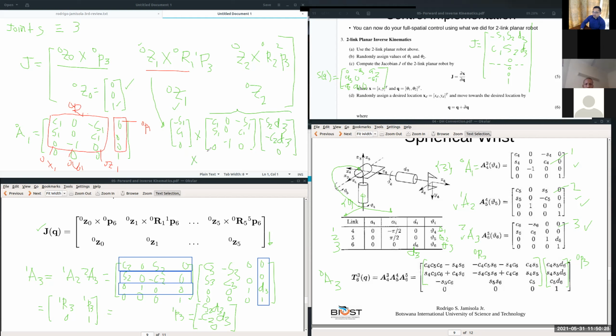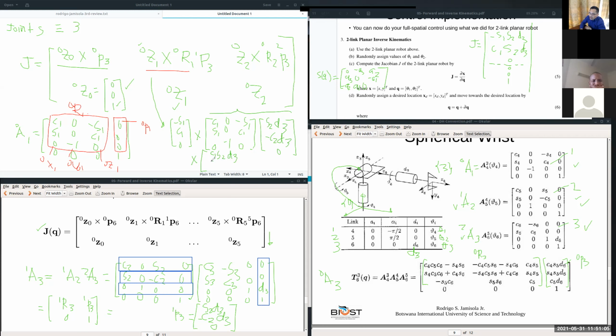We cross with, okay. The result of this one will be a vector, right? So C1 times S2 D3, plus 0 times this one plus this one times 0. So only the first part remains. So this is C1 S2 D3. Next, S1 times S2 D3 plus 0 plus 0.